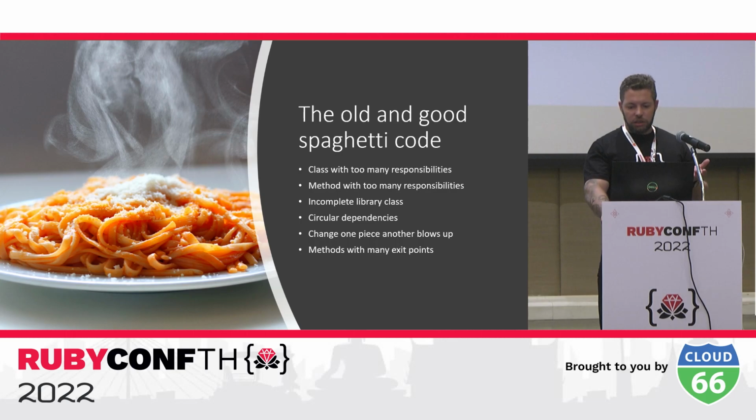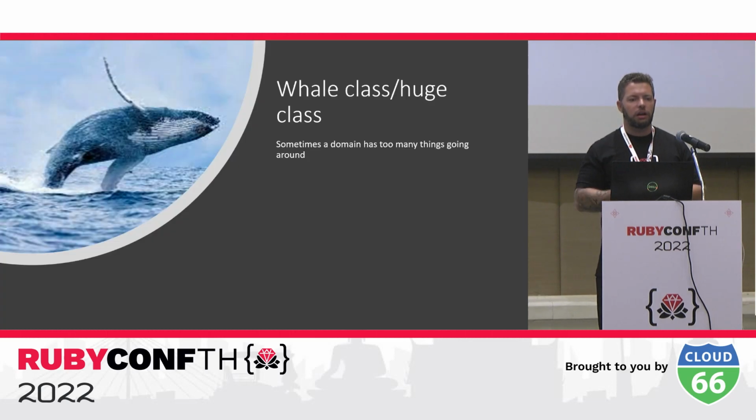One of the big culprits of spaghetti code is a whale class, that usually is one or many classes in your code that are huge, have 500, 1,000 lines, and that's a clear pointer that the class is doing a lot of things that it should not be doing.